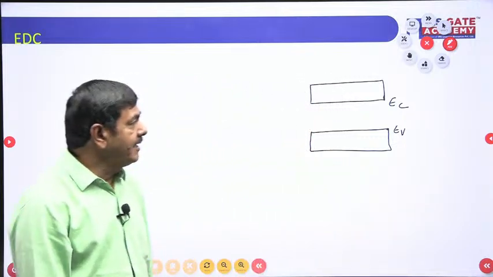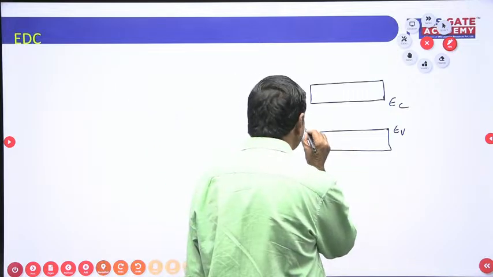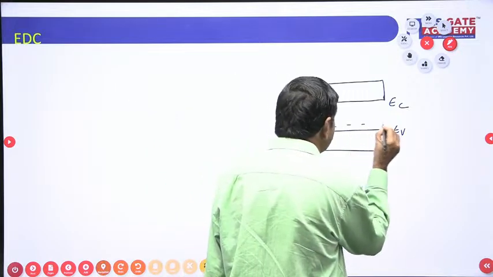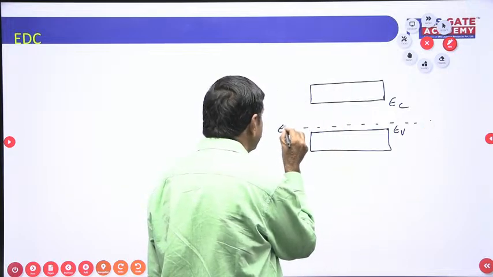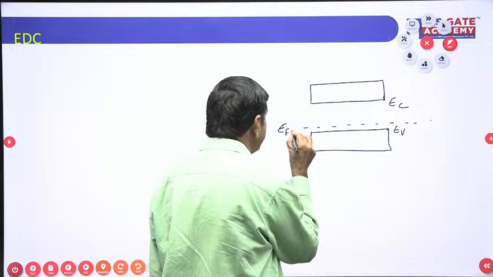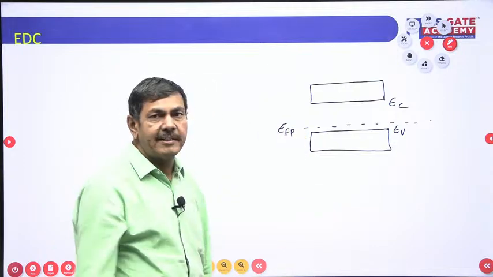But I am getting the EFP just above the EV, EV plus something only. It comes very close to the EV. So, this is the EFP value we are getting now.